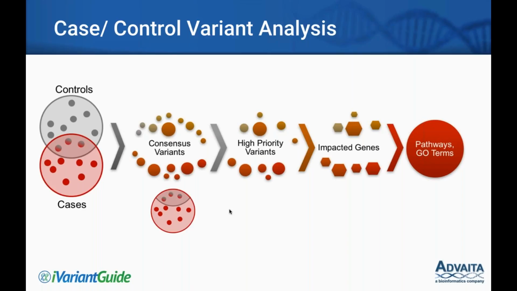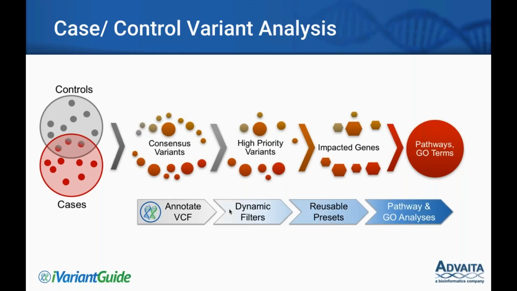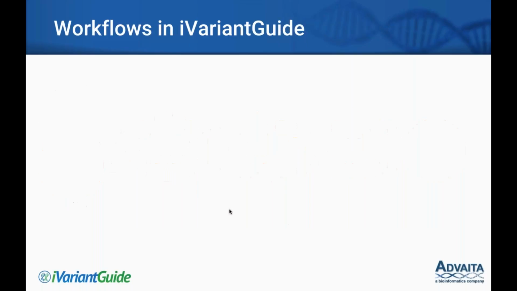From impacted genes, we can then look at biological context and do this analysis of pathways and gene ontology terms to really start to probe the mechanism of what's going on in this set of variants. So the first three steps are annotation and filtering, and that last step, moving into mechanism, is really where iVariantGuide shines. So all of these steps, as I mentioned, are executed within iVariantGuide.